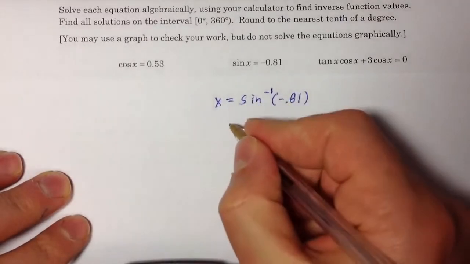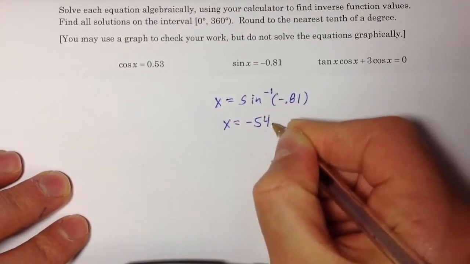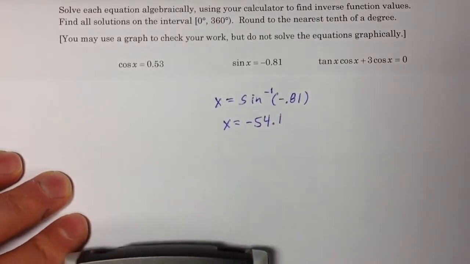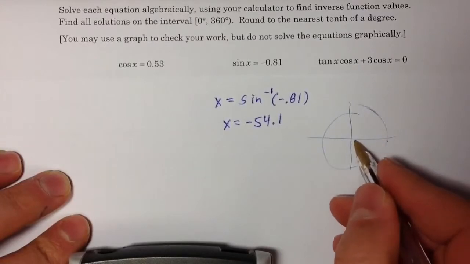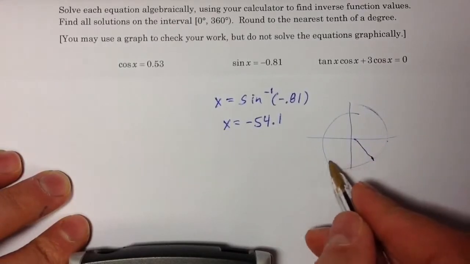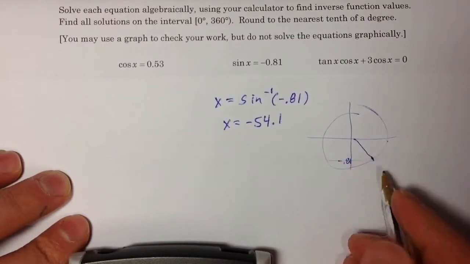So rounding to the nearest tenth, we end up with x equals negative 54.1. Well, that's a point on the unit circle as well, down here at negative 54. So that's the point where the y-coordinate is negative 0.81.